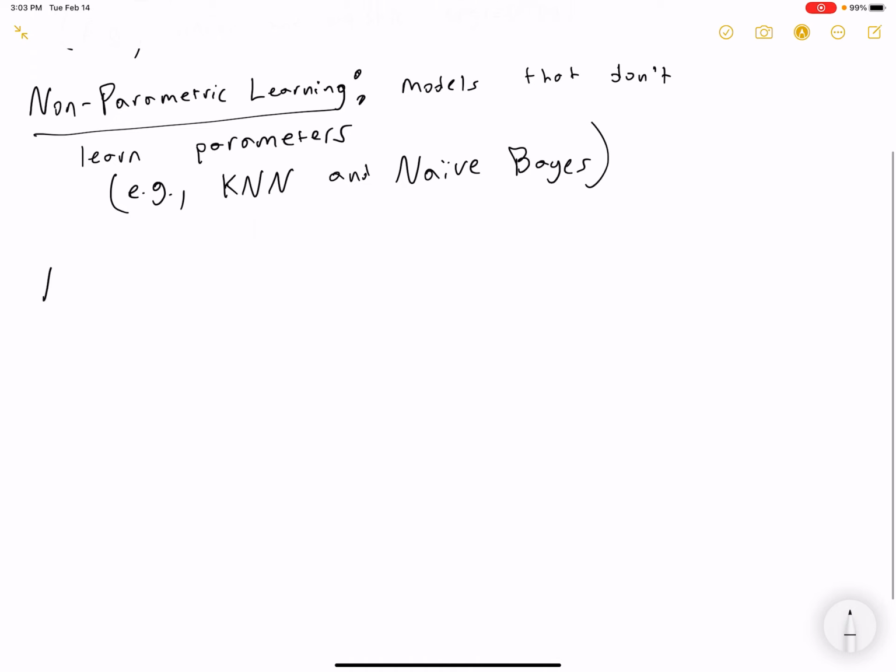And then we started talking about naive Bayes, so I want to quickly review what we've covered so far and formalize some of the things that we didn't cover.